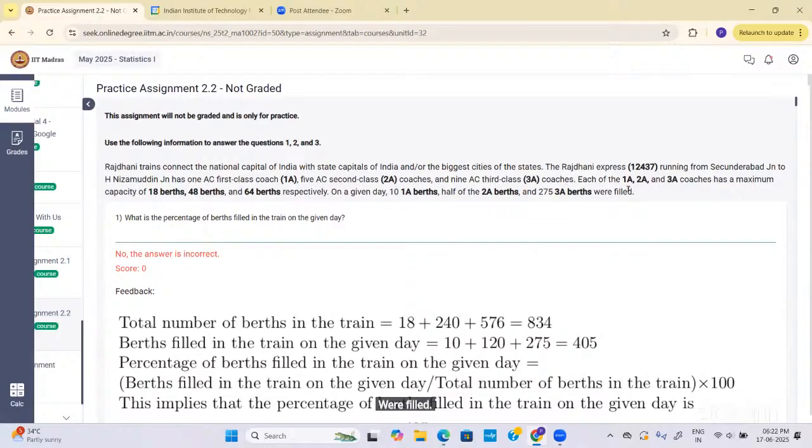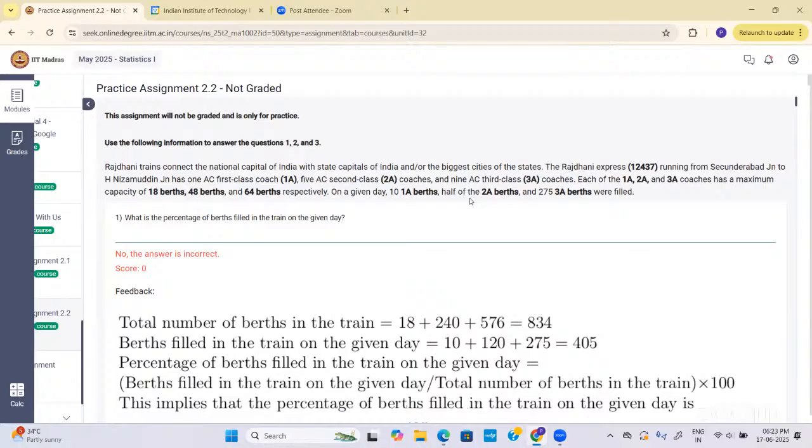Ma'am, the filled one is 275 now, but the availability is only 64 berths. So how can they book 275 berths? See, you have to see, this is for one coach only. 64 is for third AC for one coach, and total third AC coaches are 9.